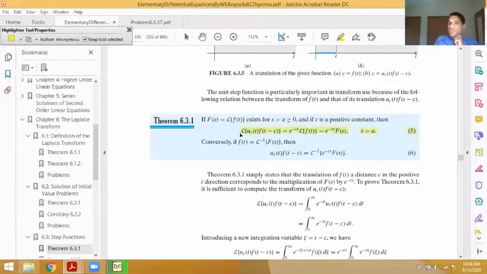So the Laplace transform of this step function u_c(t) times some function f evaluated at t minus c, so I'm shifting the argument of the function by c, that index of the step function, is going to be the same as e to the negative cs times the Laplace transform of the original function.